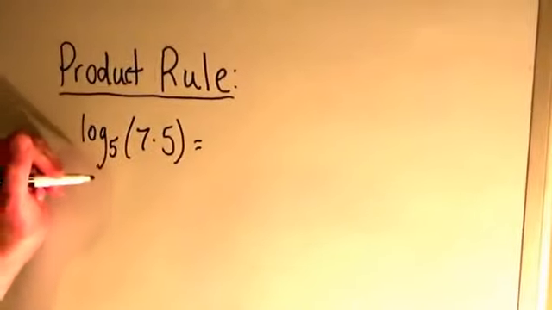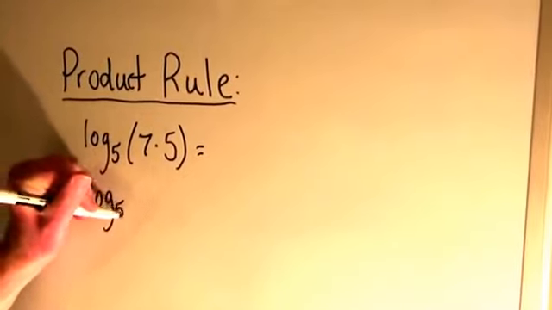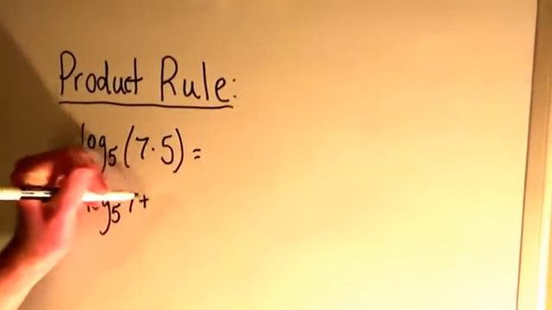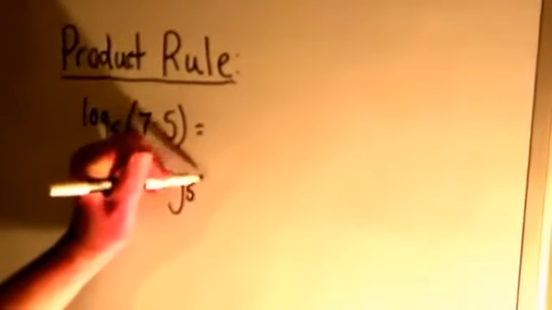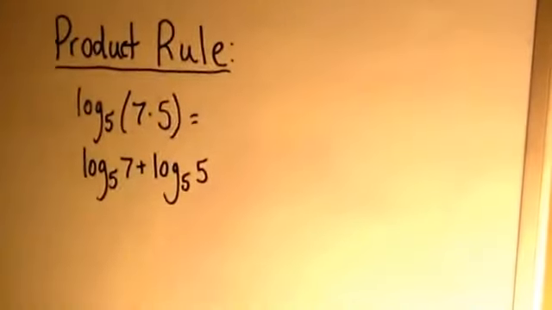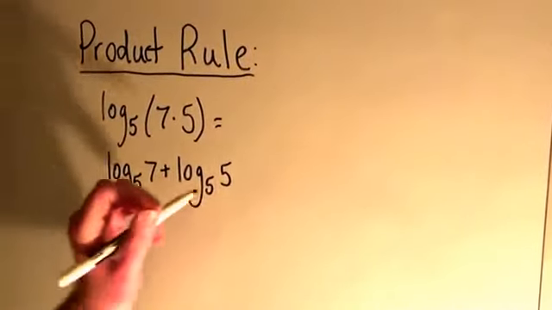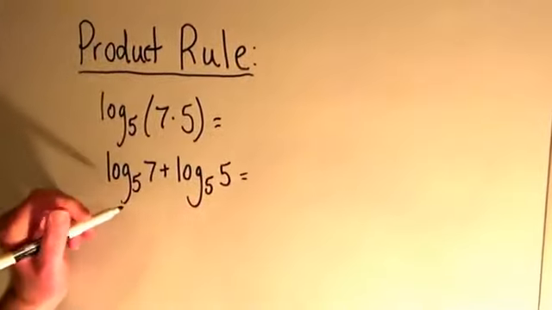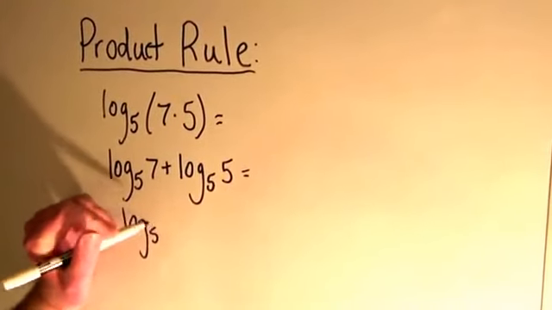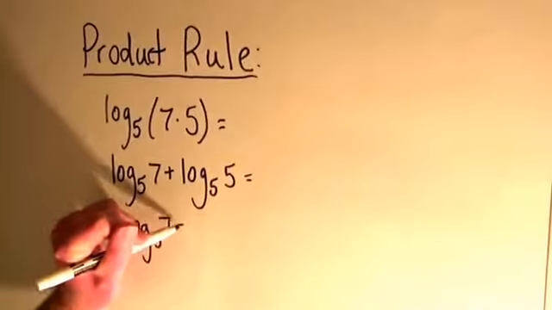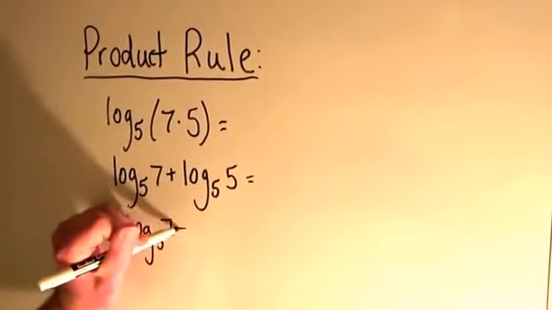So what we can do is change it to log base 5 of 7 plus log base 5 of 5. And we can't do anything with the left side, but log base 5 of 5 will simplify to 1 because 5 to the first power is still 5.